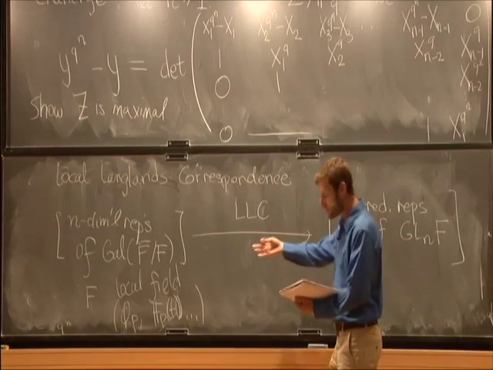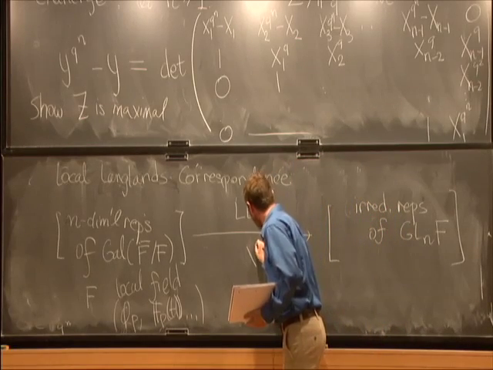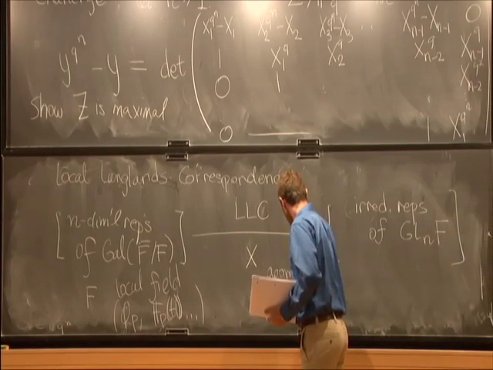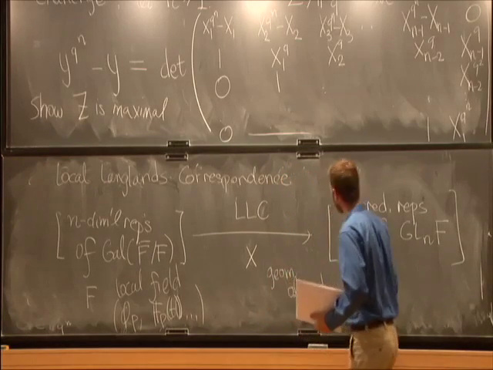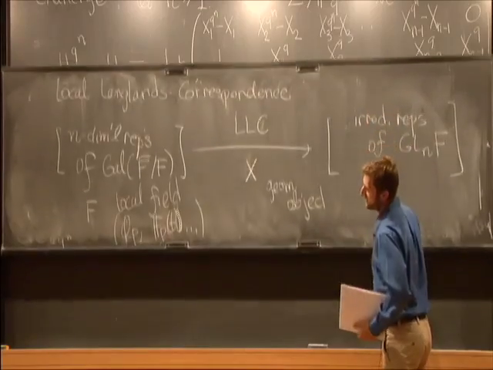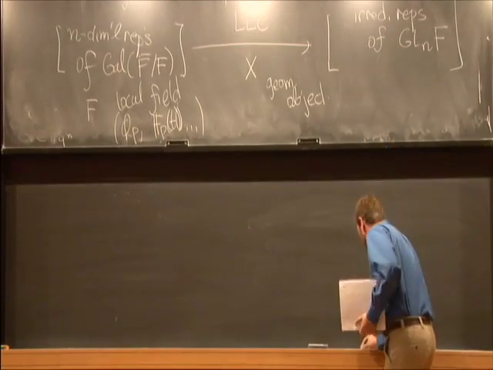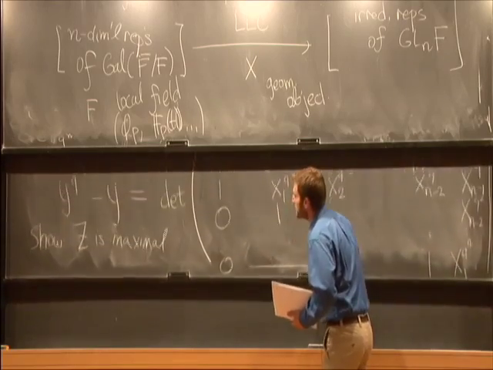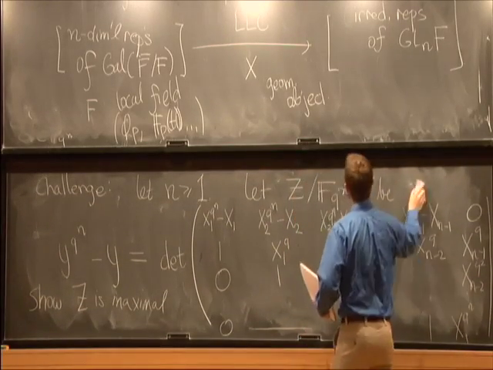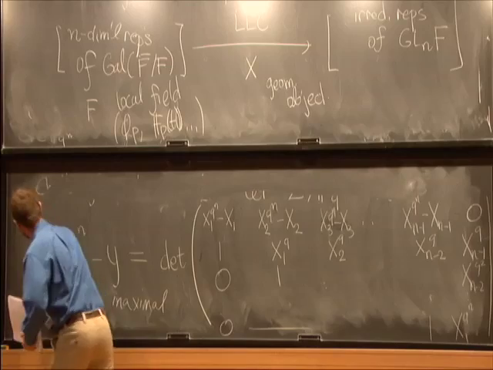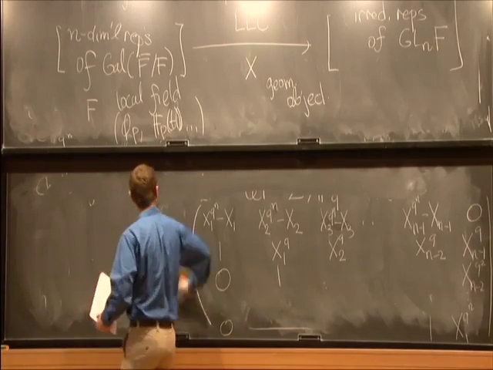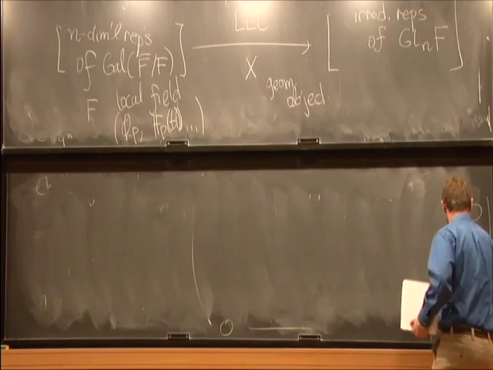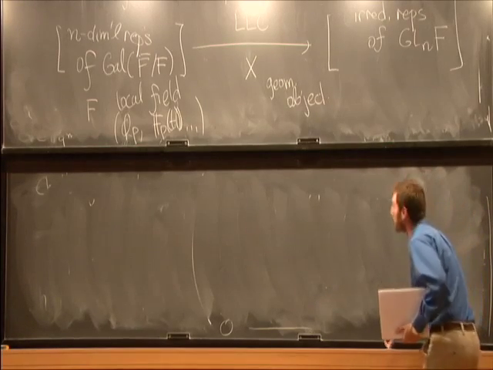And they used kind of an intermediary, which I'll call X, which is some sort of geometric object. And I won't say what it is quite yet, although it's certainly related to Shimura varieties. But the idea behind it is that it has an action by GL n F. OK.